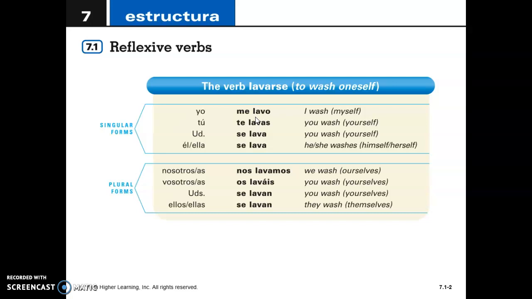Those reflexive verbs will always be related to actions that can fall on the same person. Like I said, brush your hair, wash your hands, wash your face, shave your face, wake up, get up. Those are all reflexive verbs.